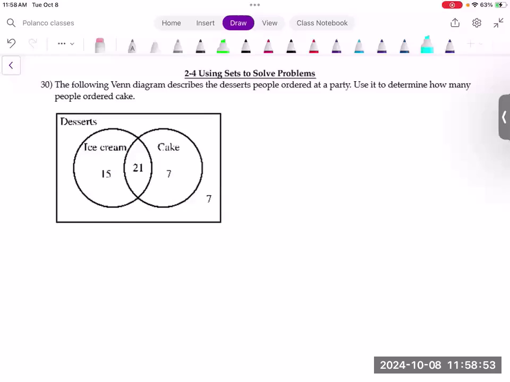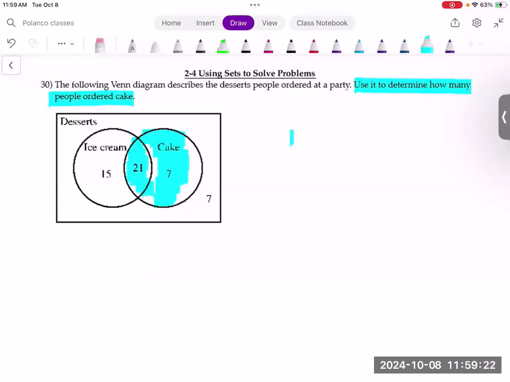Okay, so what we are looking for here is how many people order cake. So how many people do you see there order cake? They didn't say order cake only. If they say cake only, it would be 7. 7 order cake only, right? However, 21 more people order cake and ice cream.